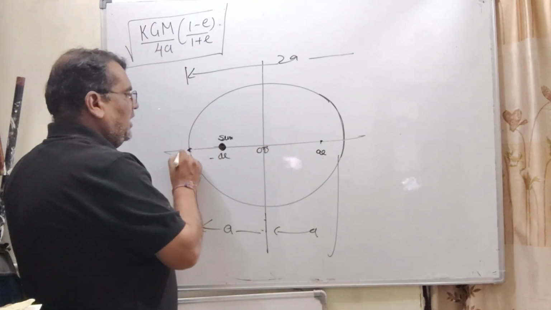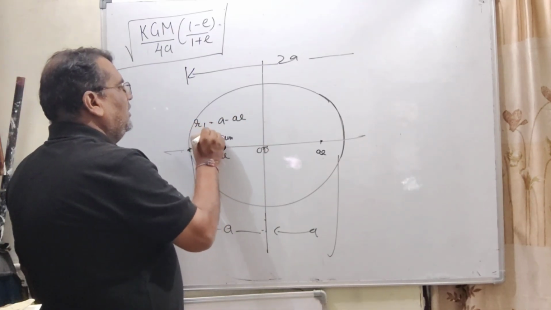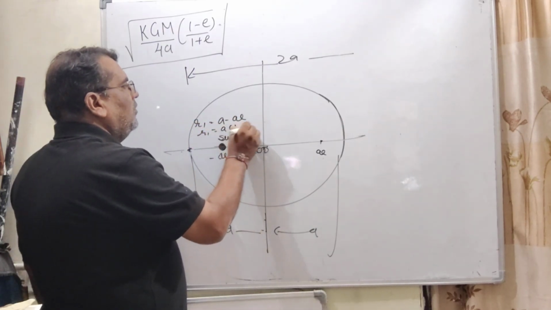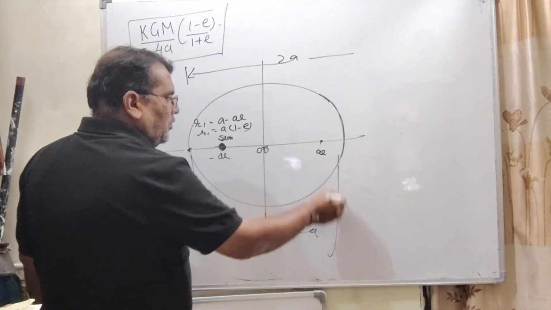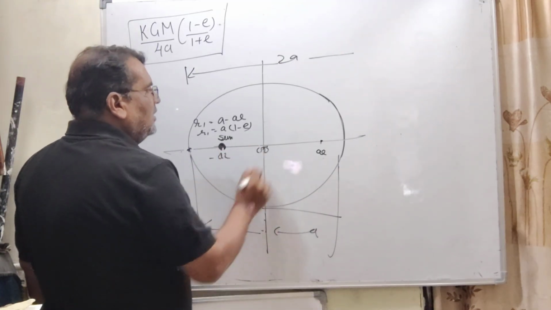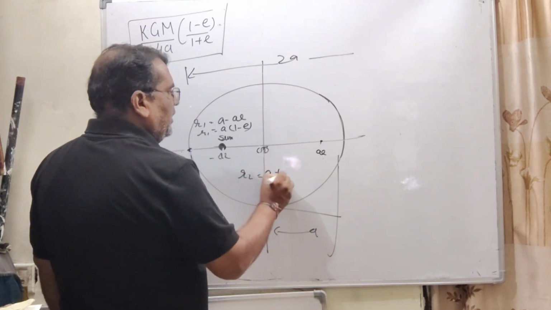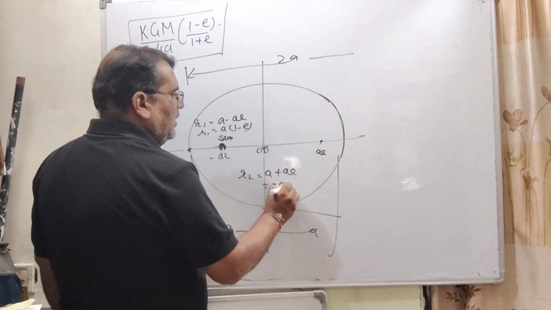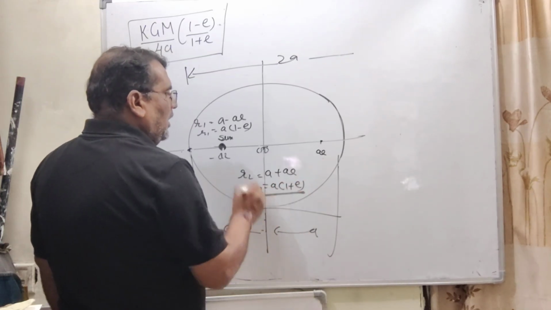So this distance is a minus ae, so r1 equals a(1 minus e). Similarly here, the total distance is a plus ae, so r2 equals a(1 plus e). This is r2, this is apogee.